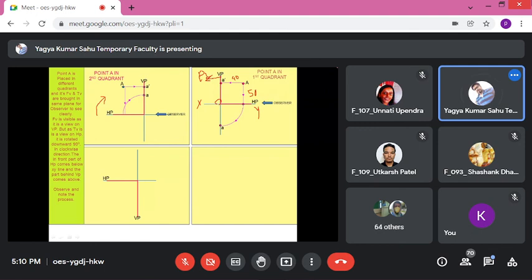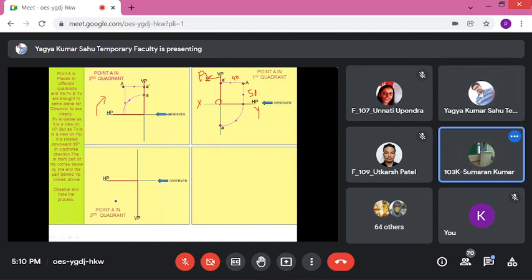In case of the third angle, suppose there is a point above or below the horizontal plane and behind the vertical plane.